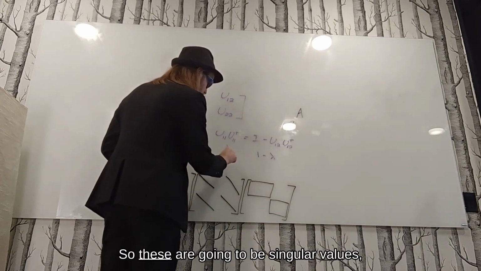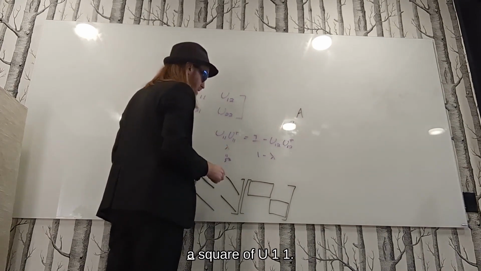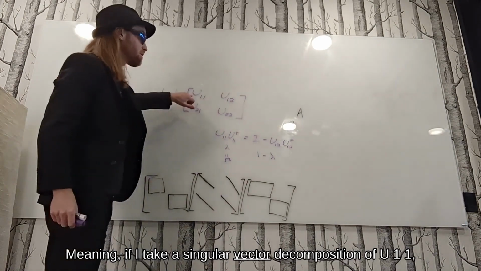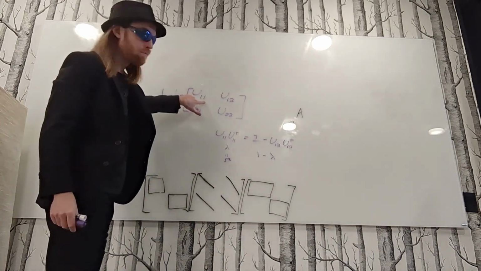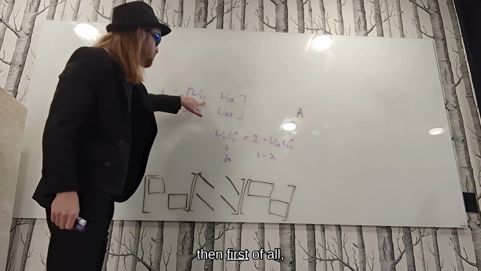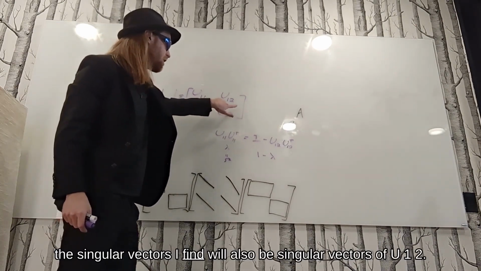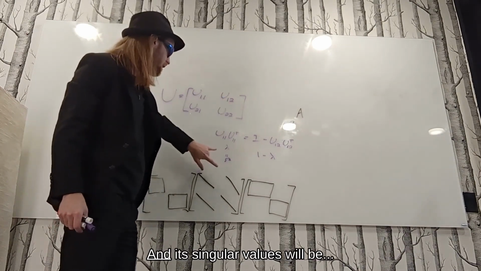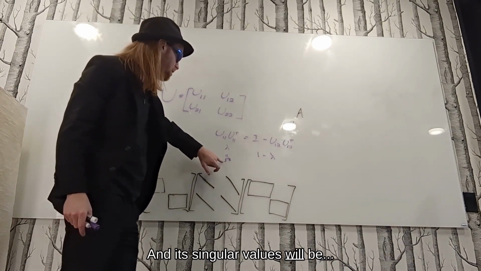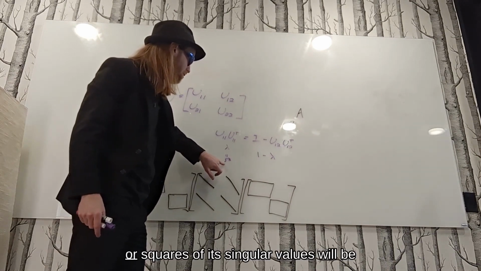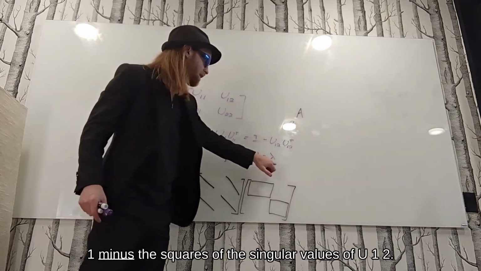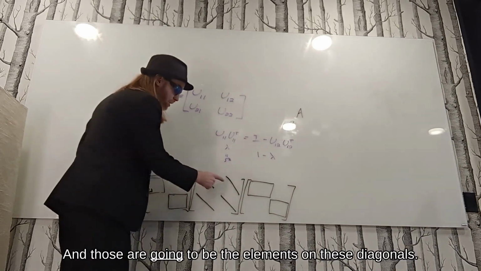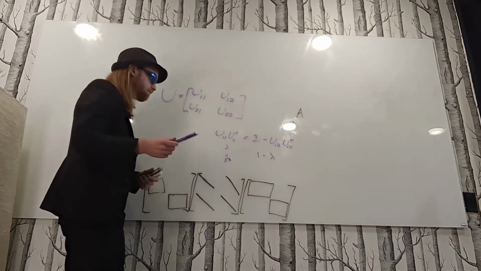So these are going to be the squares of the singular values of U11, meaning if I take a singular value decomposition of U11, then first of all, the singular vectors I find will also be singular vectors of U12, and the squares of its singular values will be 1 minus the squares of the singular values of U11. And those are going to be the elements on these diagonals.